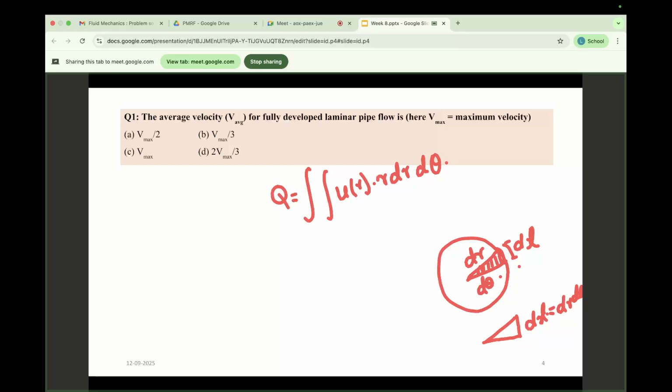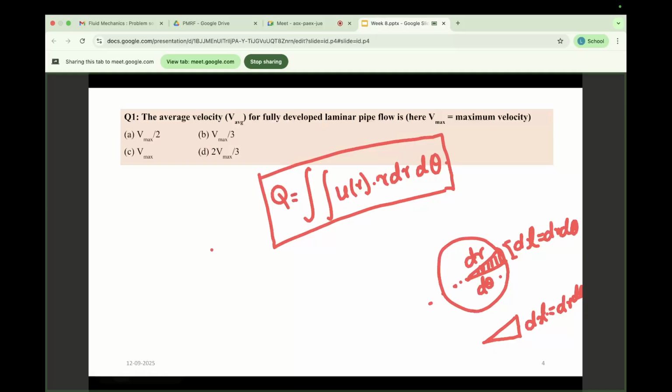Is it? So this region is dr d theta, and since it is at a distance r from a certain region, that's why this r is here. So that fundamental formula you remember. If you remember this, most of the questions you will easily be able to solve.